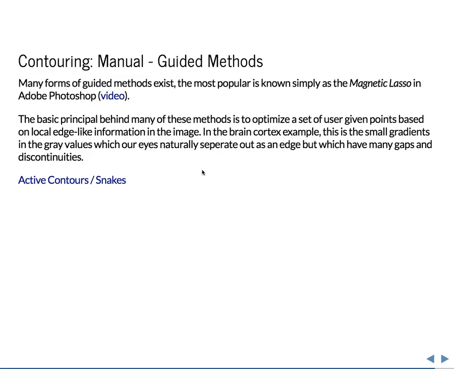There's also manual guided methods. If you've used Photoshop before, Photoshop has gotten much more complicated in recent years with very complicated image processing techniques for filling in areas and selecting objects automatically.